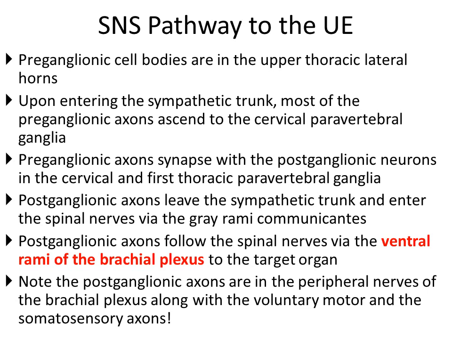They're going to then enter the spinal nerve and then follow the ventral rami of the spinal nerves to the brachial plexus and the nerves of the brachial plexus. And they will take these nerves to get to the target organ.